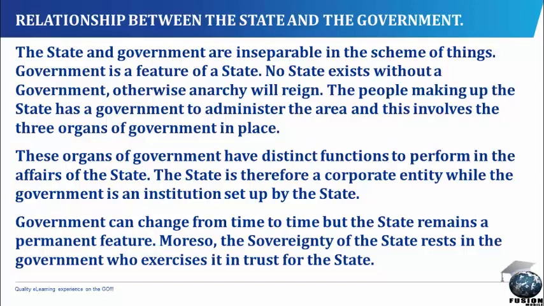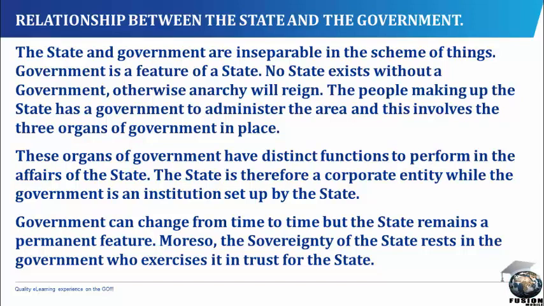So for a government to exist and for a state to exist, these three organs must be in play. Remember that government and state cannot be separated, because neither can exist without the other. Likewise, no state exists without a government. Also, no government exists without a state.